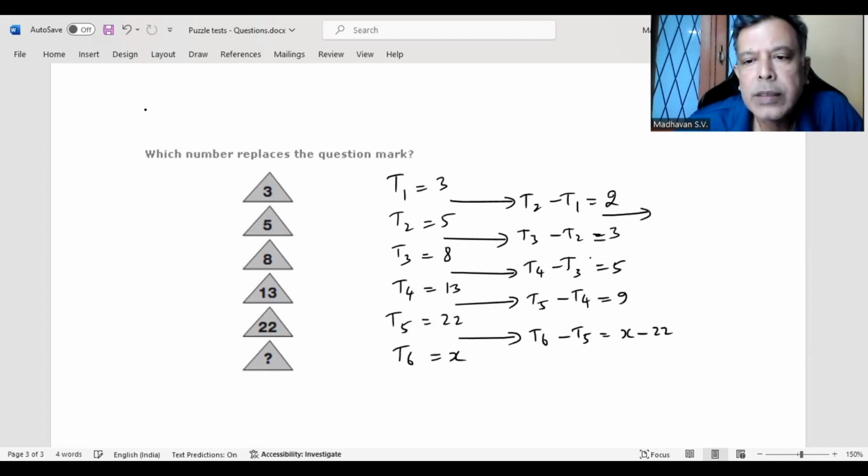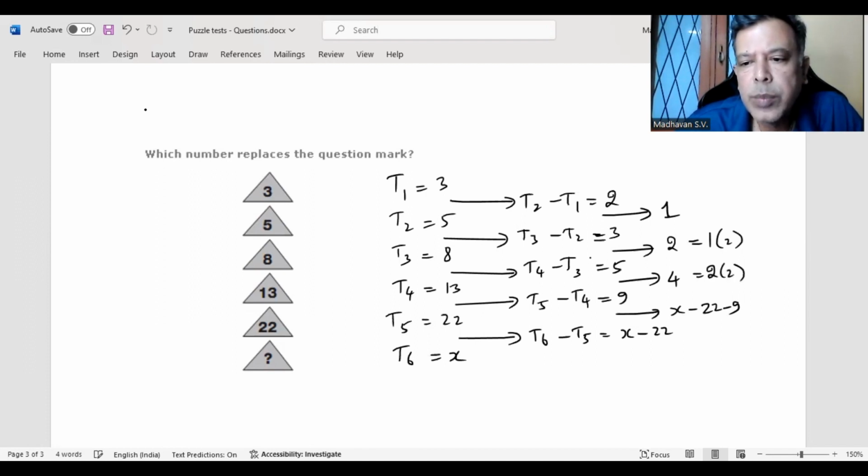Again, let us find out the difference in between this 3 and 2. It is 1. 3 minus 2 is 1. Here 5 minus 3 is 2. 9 minus 5 is 4. Here this is X minus 22 minus 9. Right? So this can be written as the previous, that is 1 into 2. The previous is 2 into 2.